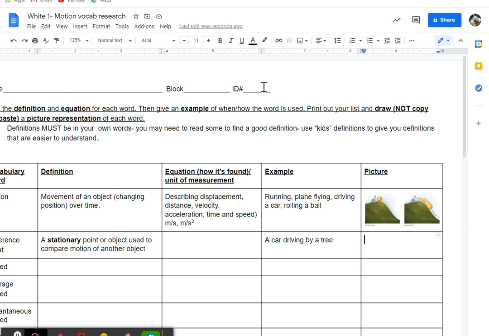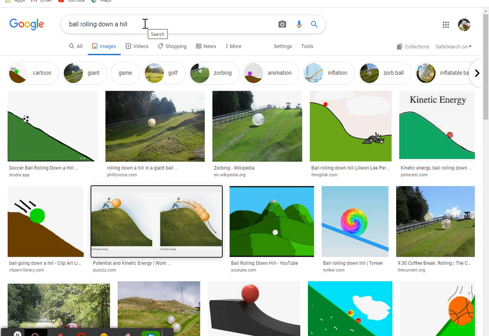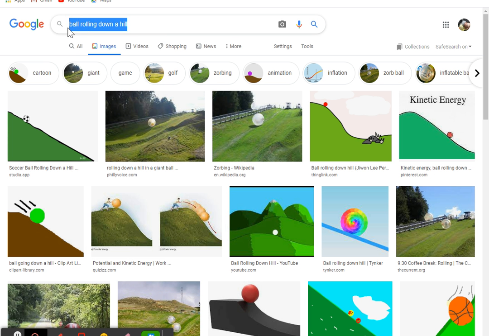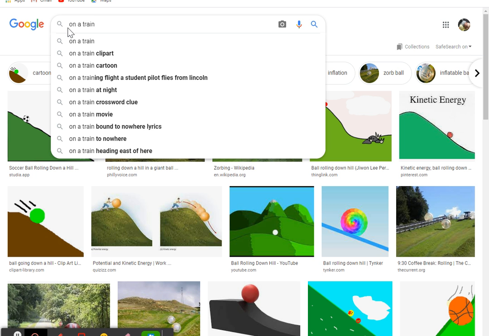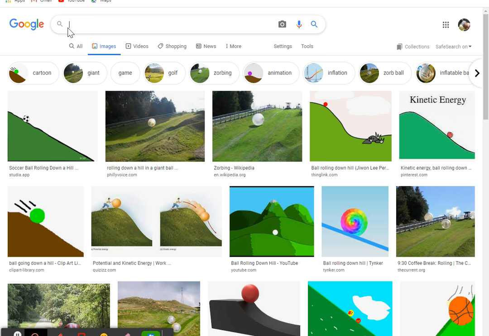All right, what examples did we find here? Anybody? What pictures did you guys put? Trevor? When you're on a train and you see buildings, it looks like the buildings are moving, but they're not. I was going to write your whole description.